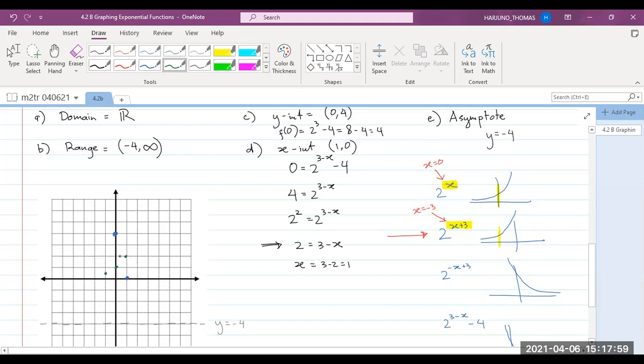Move 3 units to the left, and that gives us this. Reflect with respect to the y-axis, and this guy becomes that, this guy becomes that, and this guy becomes that.